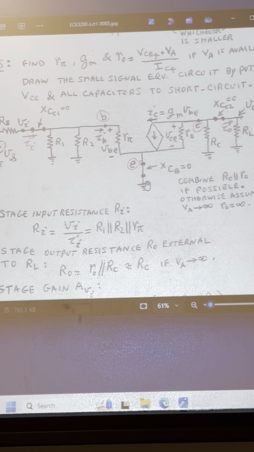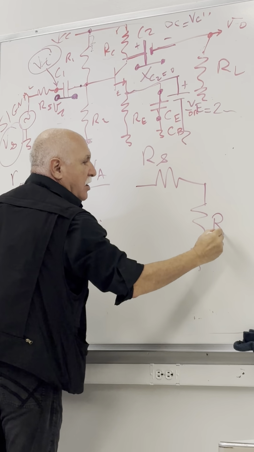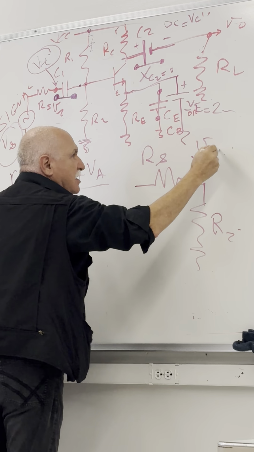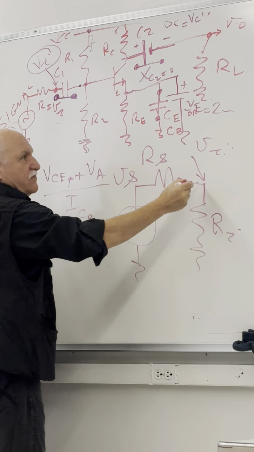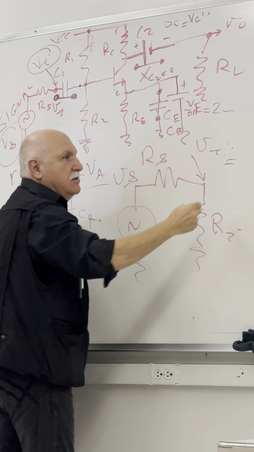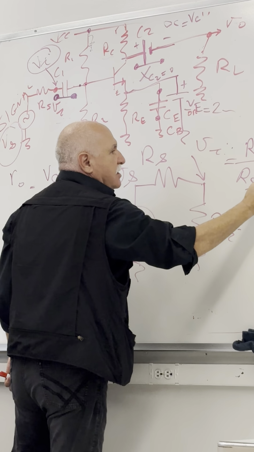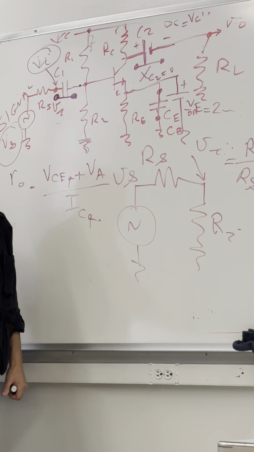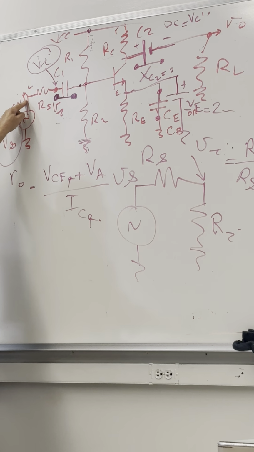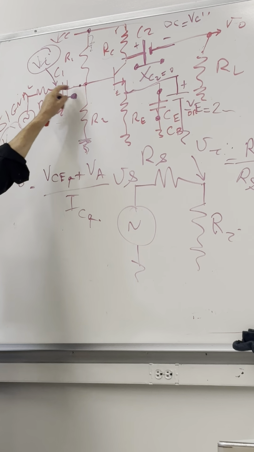Look, RS, RI, this is the VI, this is the VS. The voltage here, voltage divider: RI over RS plus RI times VS. So if you have a 100 millivolt peak-to-peak signal in here, this is say 2 kilo ohm, and the input impedance is also 2 kilo ohm, you get half of it.